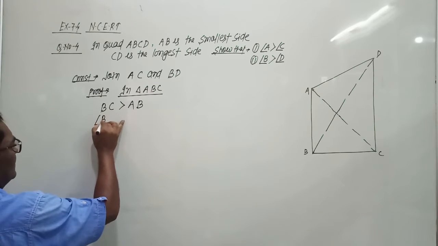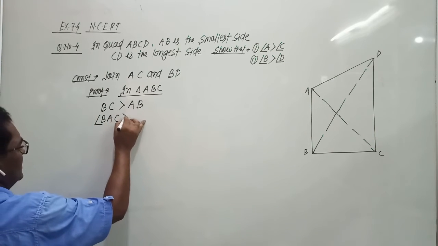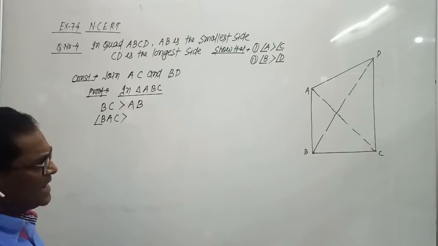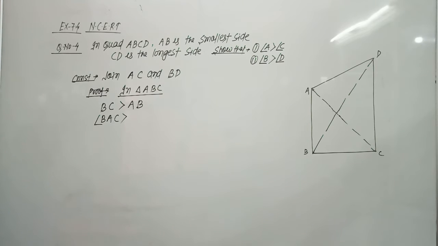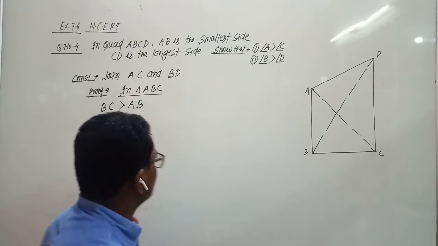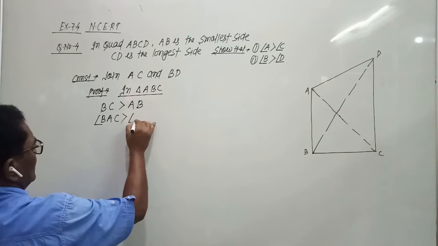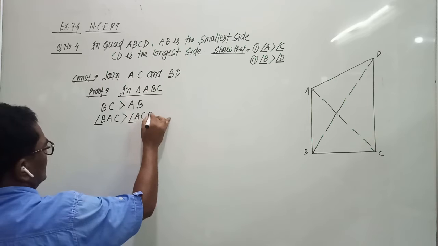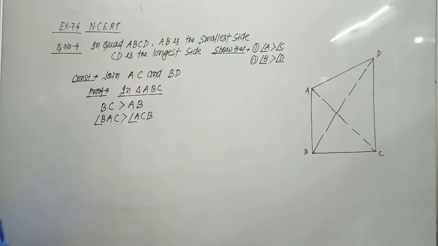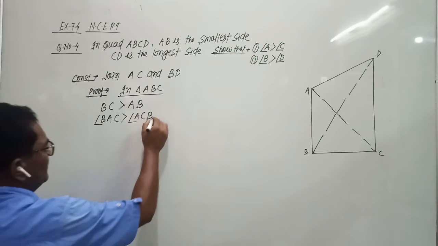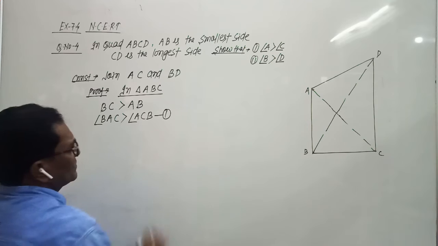So angle BAC is greater than angle opposite to side AB, that is angle ACB. So angle BAC is greater than angle ACB. Name it first equation.